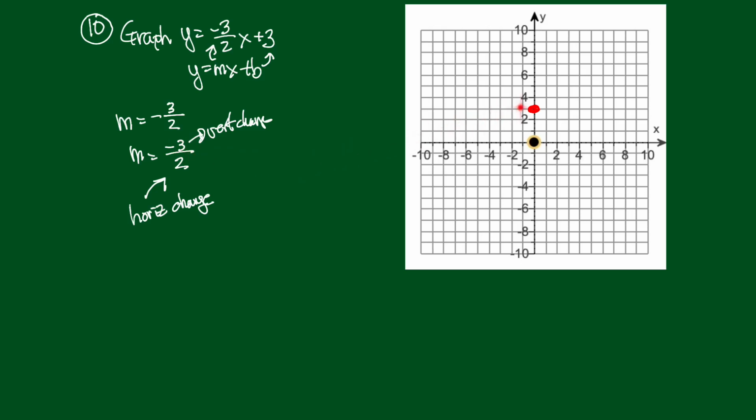So back here, not at the origin, you want a point on the graph. I'm going to go to the right 2, 1, 2, and down 3. 1, 2, 3. Looks like it's right there. So I'll put that point right there. Over 2, down 3. I think I've got it. And pass a line through those 2 points. There we go. I've got that graph.